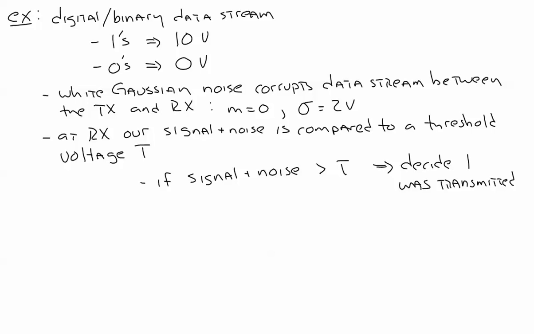And likewise, if the signal plus noise is less than the threshold, we decide that a 0 was transmitted.